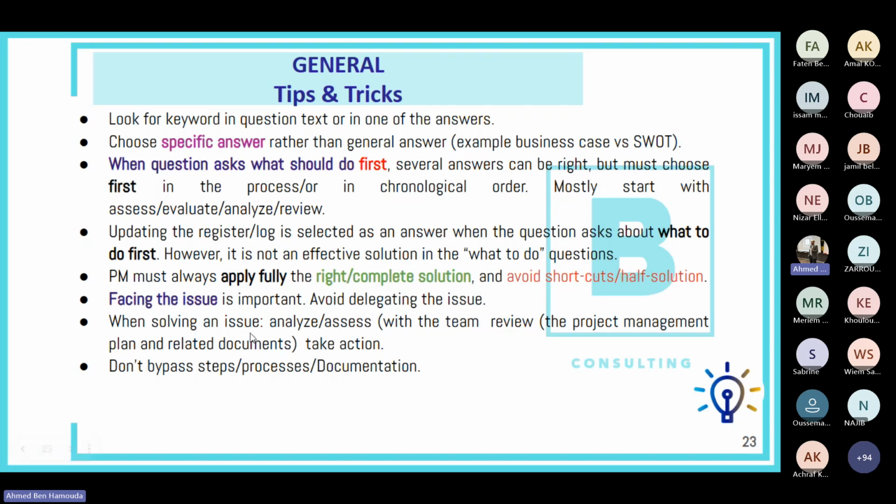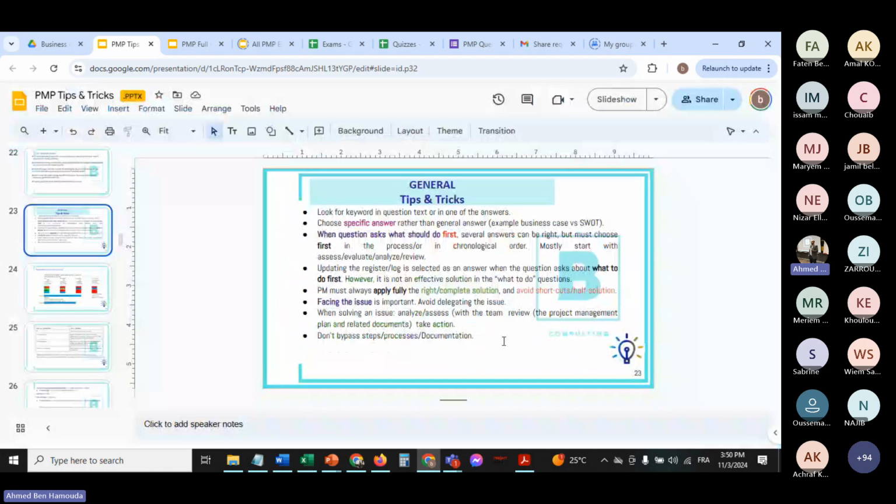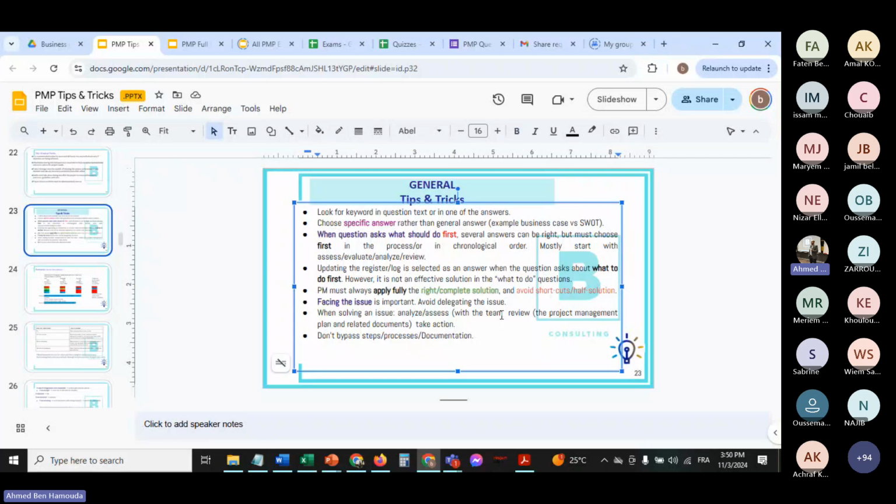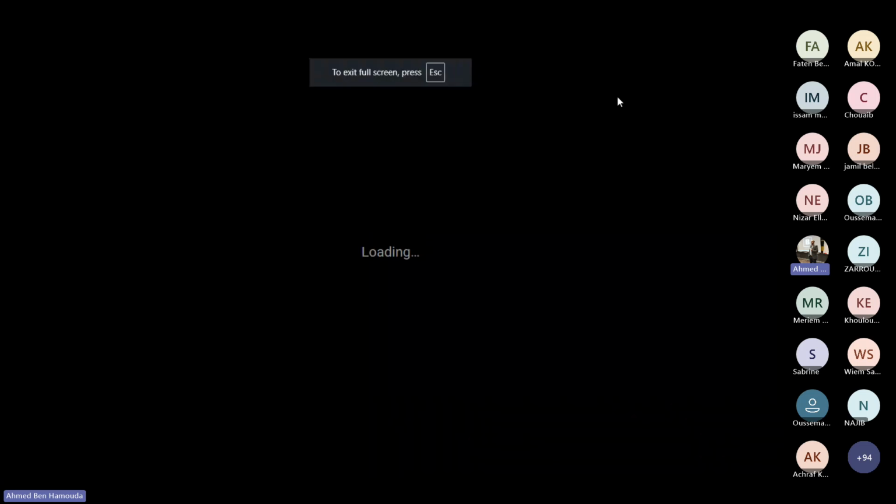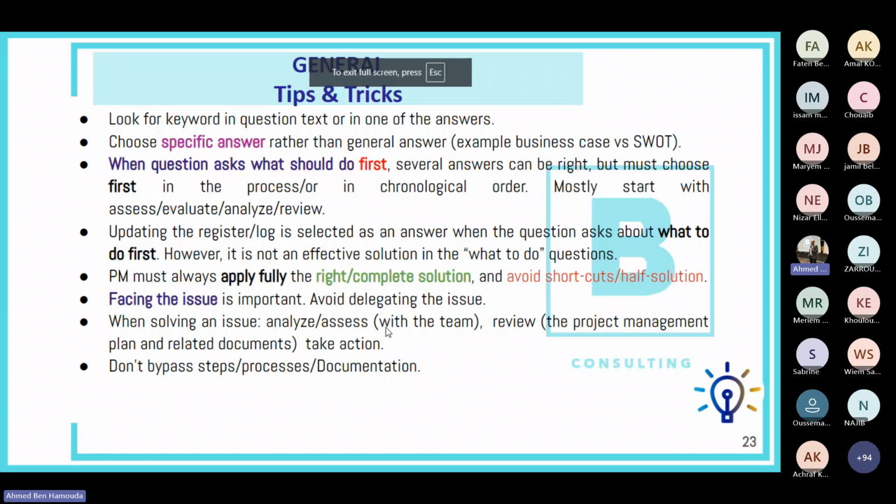When solving the issue, as I said, here are the right steps to apply. You need to analyze or assess with the team, find out the root cause, for example. You need to review the project management plan and the related documents.